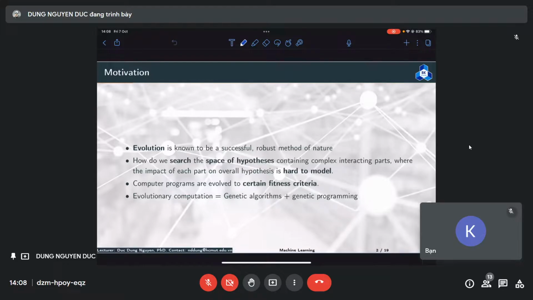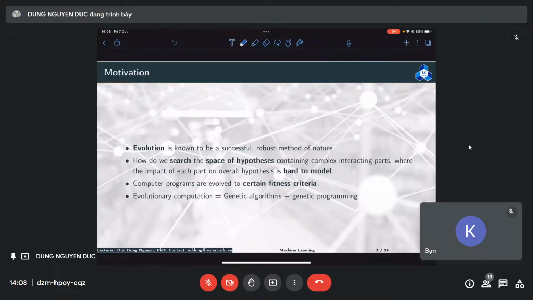That can be a set of hyperparameters, or whatever you call it. Those are some parameters you want to optimize. And the computer tries to look for some hypothesis that satisfies certain criteria.